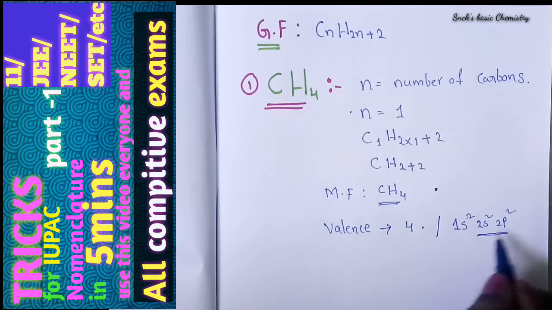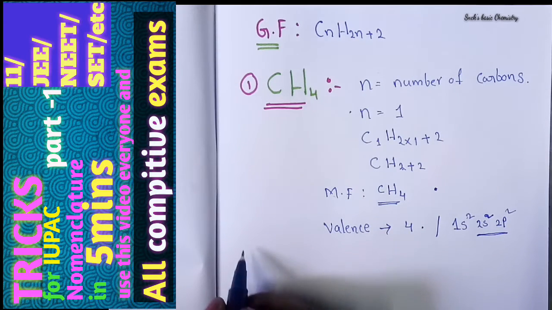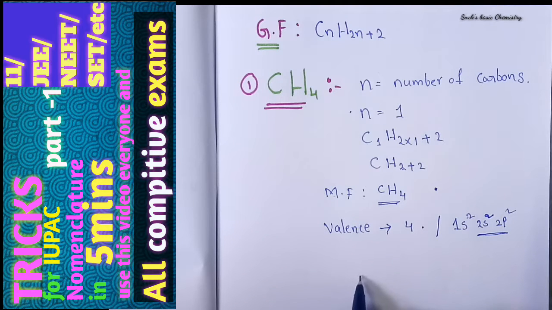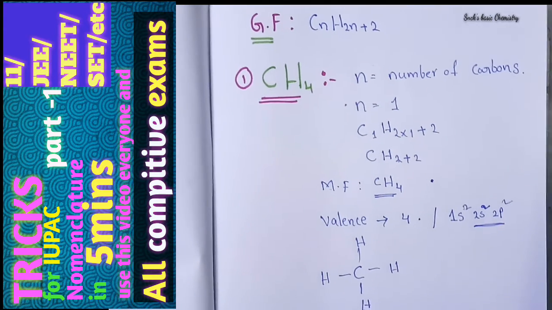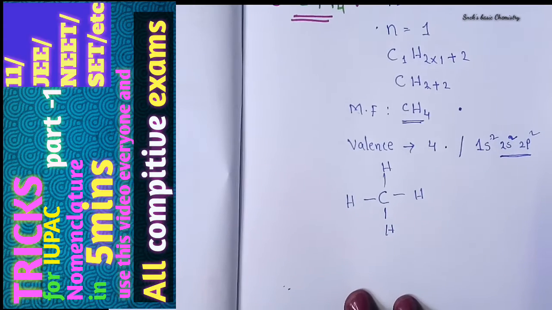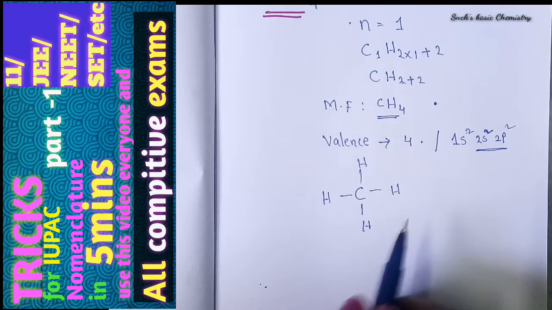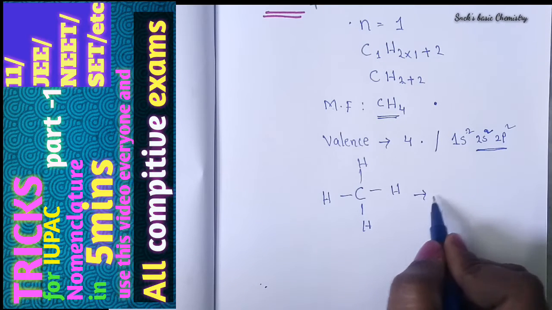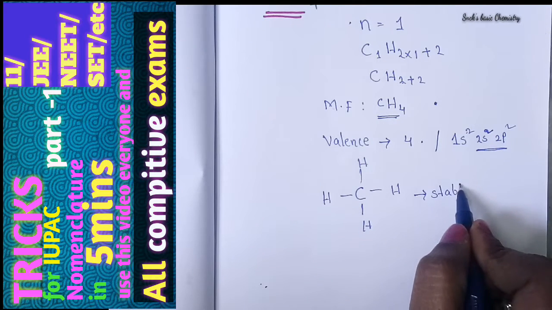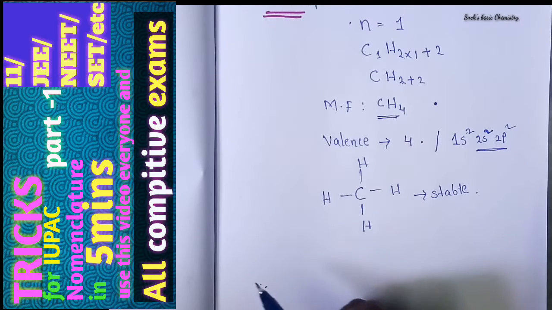Next, draw the structure: carbon with four single-bonded hydrogens. The valency of carbon is 4: 1, 2, 3, 4. So it is a stable compound.